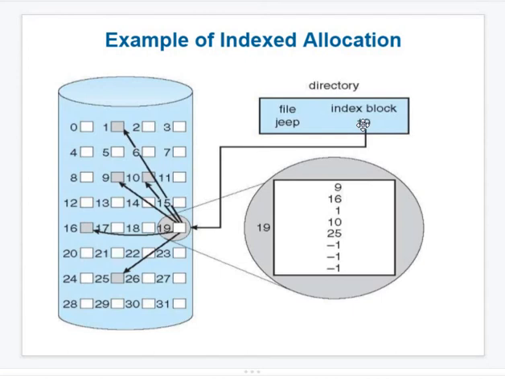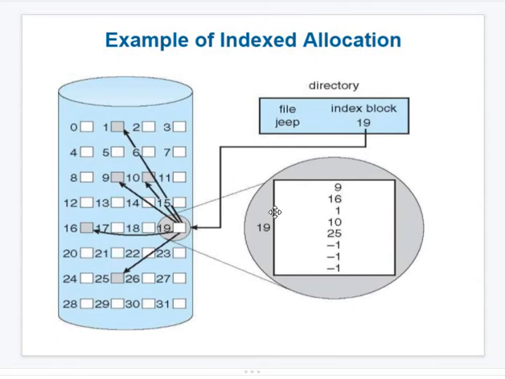So each file here will have its own index block, which is an array of disk block addresses. So this block number 19 will consist of indices. If you open up that 19th block, it will never have data. Instead it will have where all to refer in real.